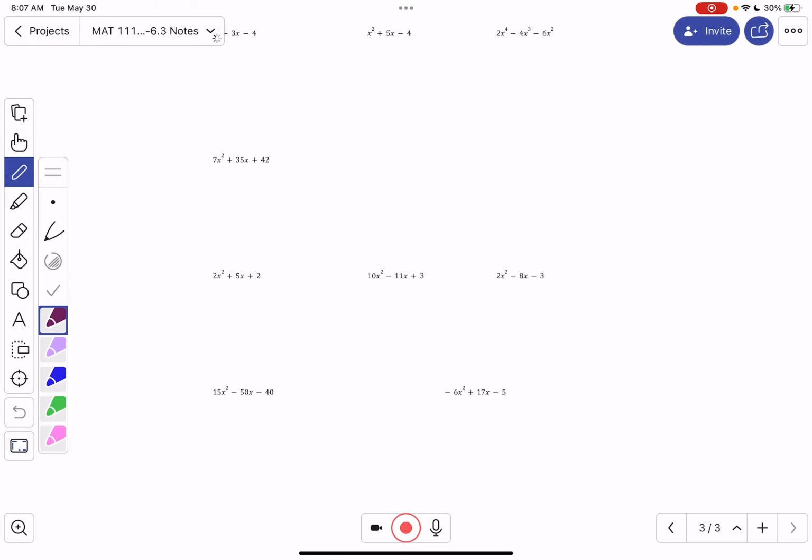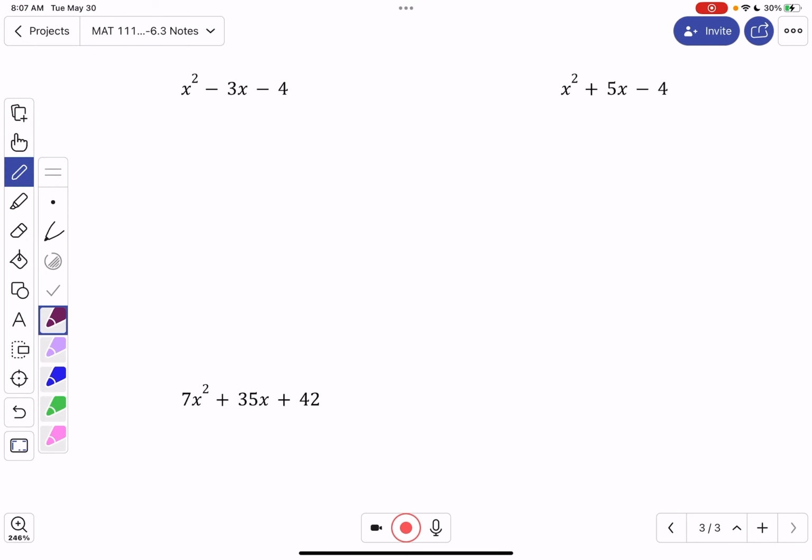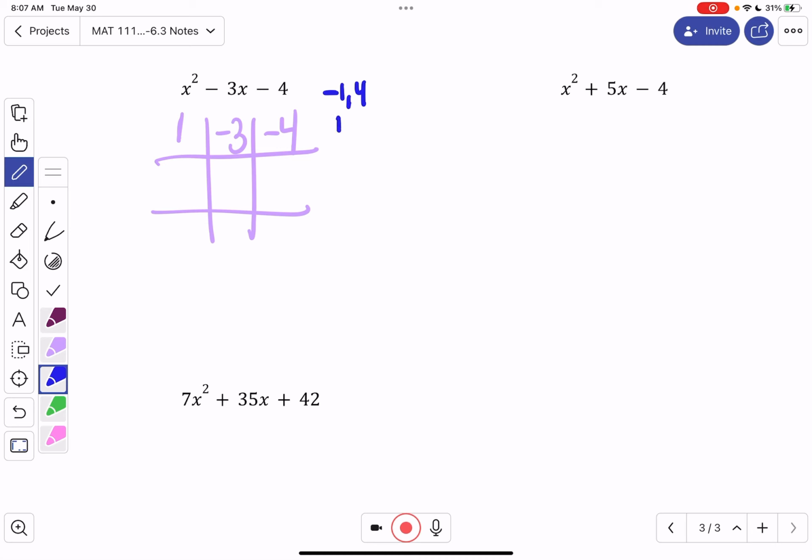The next one we're going to look at has two negative signs. The process doesn't change. Still have our greatest common factor. A times C. Factors of negative 4 could be 1 and 4, 1 and negative 4, or 2 and negative 2. The pair that adds up to negative 3 is 1 and negative 4.